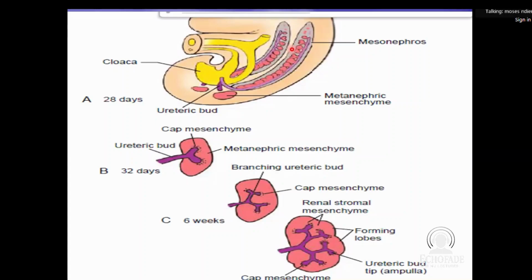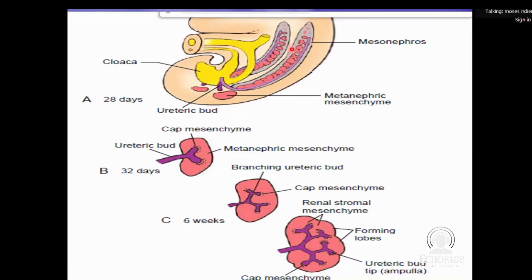When they enter into the nephrotome, they induce those mesenchyme cells to form some condensation. That means they aggregate together and multiply. So the distal part of this extension now stimulates the mesenchyme cells to aggregate together and multiply.